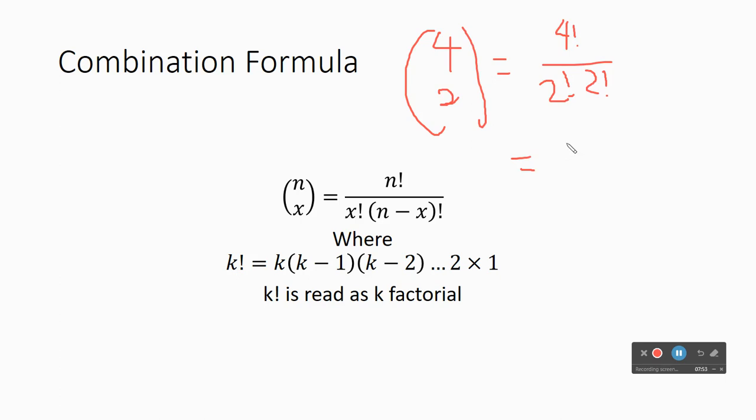So 4 times 3 is 12, times 2 is 24. 2 factorial is 2 times 1, so on the bottom it's just 2 times 2, which is 4. 24 divided by 4 is 6, which is what we got on the previous slide just by working it out, showing all the different ways that this could happen.